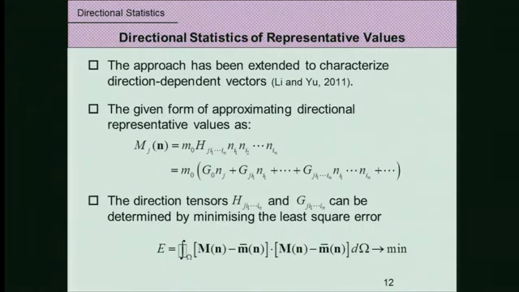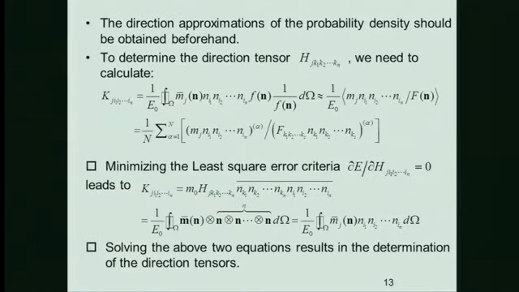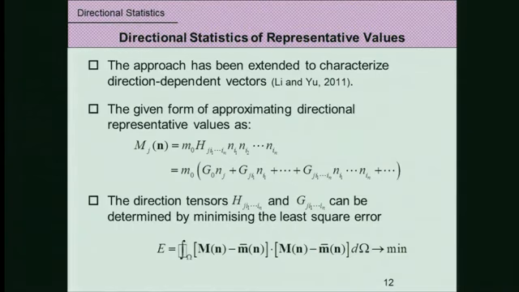I'll come back to it, because we actually have a little bit of a problem here. Anyway, we have a method. We derived the mathematical tools. We can calculate the coefficient tensor to describe the directional distribution, not only of the contact normals, but also of contact forces and displacements.